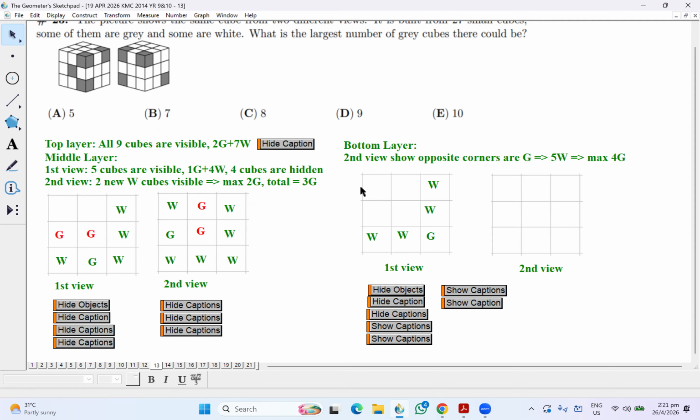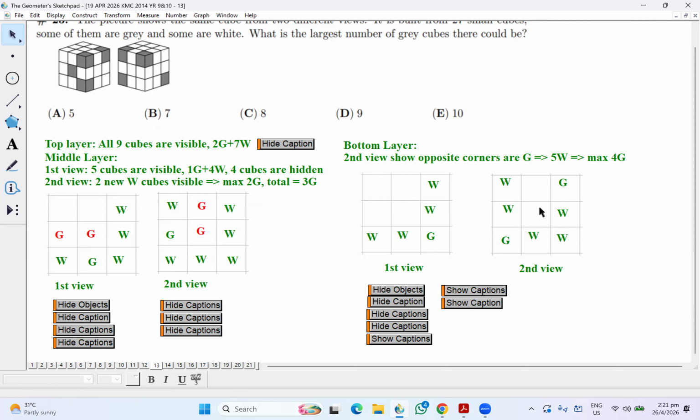Then we know opposite corner must be gray, yeah. So when you turn already, opposite corner must be gray. So just now, here 4 white already. Okay, then this gray here show another new white, new white here. So that's why I say 5 white. 5 white means maximum 4 gray.